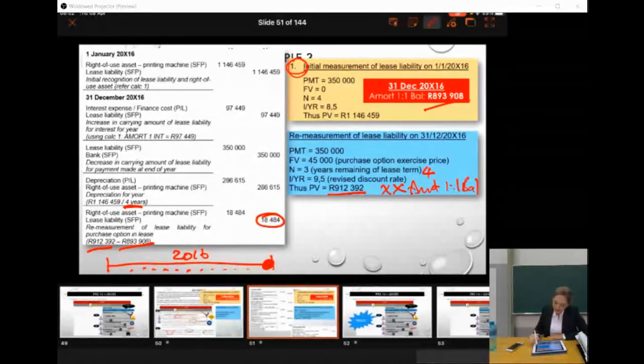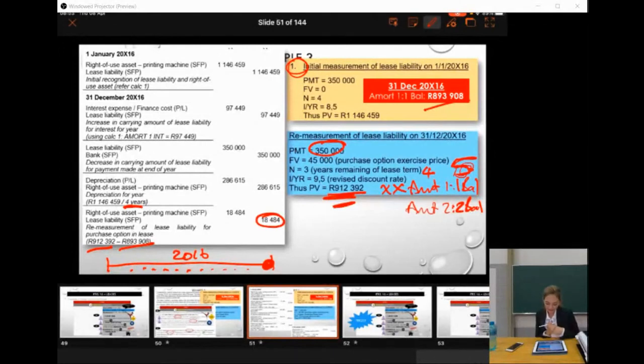If you change your N to 10 and you say amort, you will still get to that same answer, because we are looking at the remaining payments worked back to a present value at a certain date. So let's make it easier. If you change this N to 5 and you say amort 2 balance, you are also going to get 912,392.